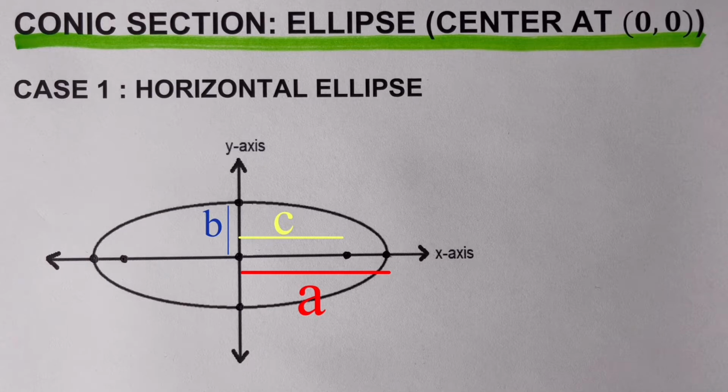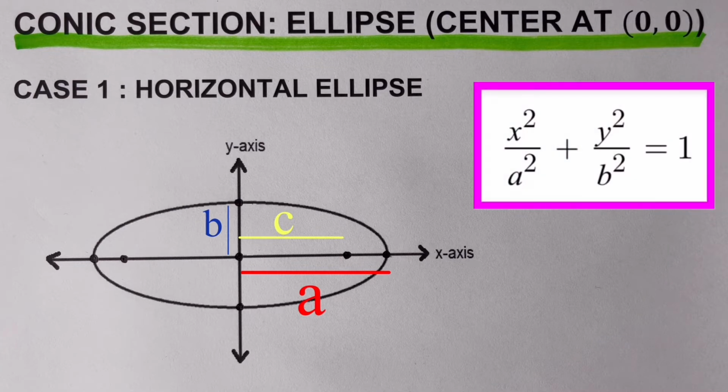Now, using these lengths a and b, we can come up with the equation of a horizontal ellipse, and that is x squared over a squared plus y squared over b squared is equal to 1.